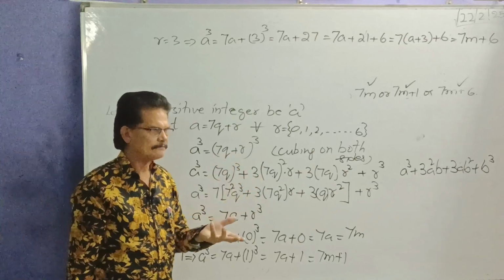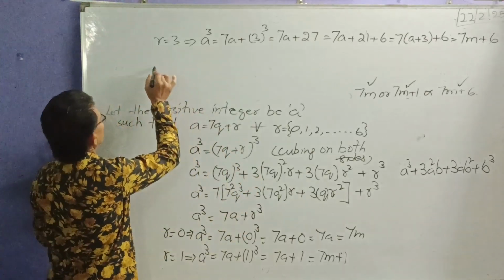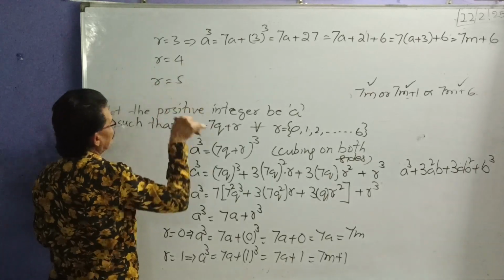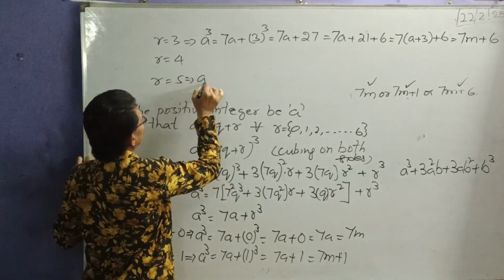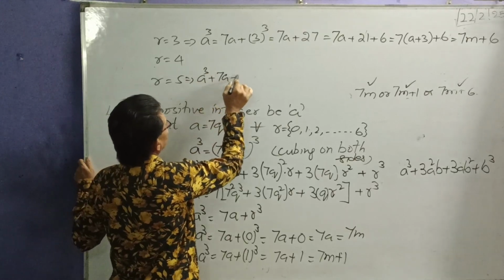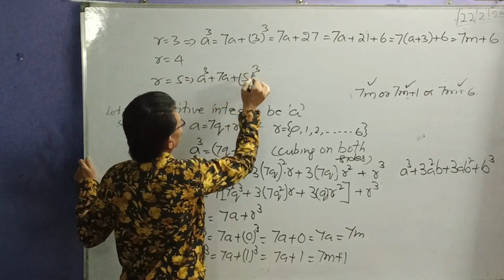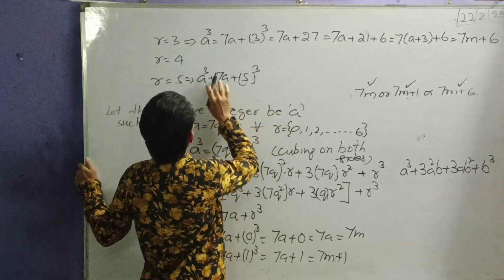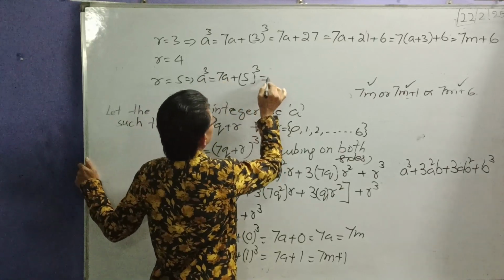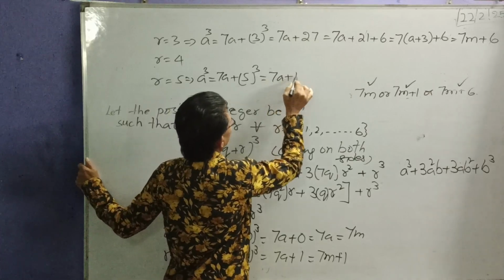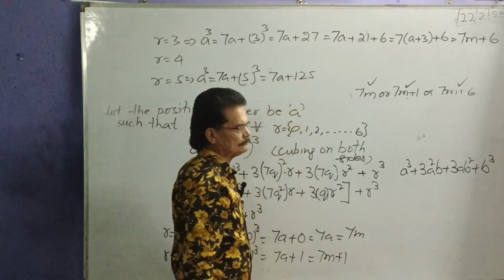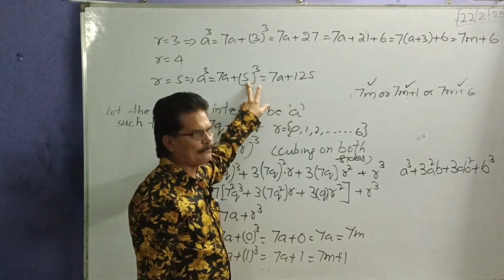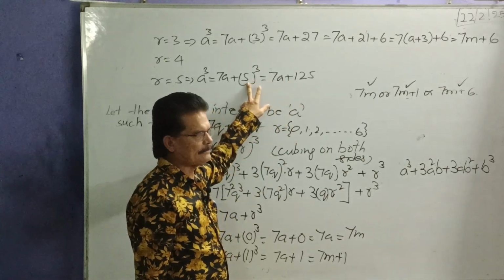Shall I take 5 or 6? Your wish. Come on, r is equal to 4, you will do. r is equal to 5, I will do. Implies a cube is equal to 7a plus 5 cube, that is 7a plus 125. 5 cube is 5 into 5 into 5, 125.